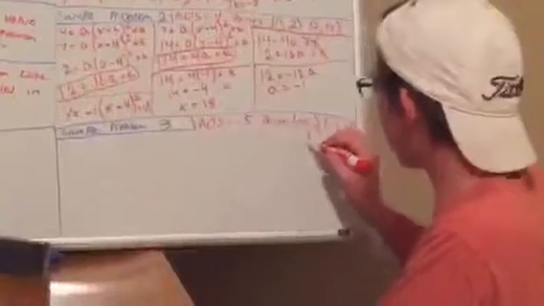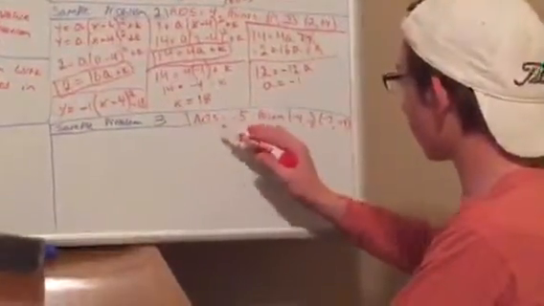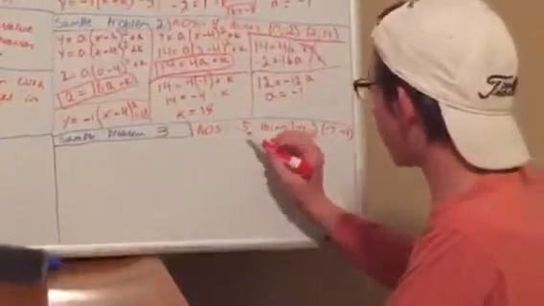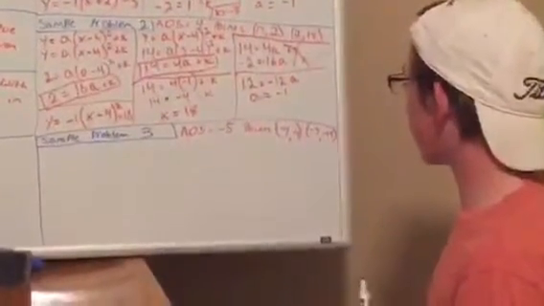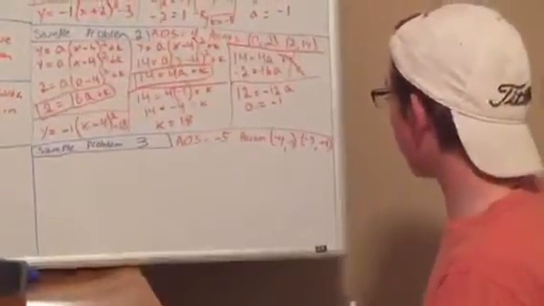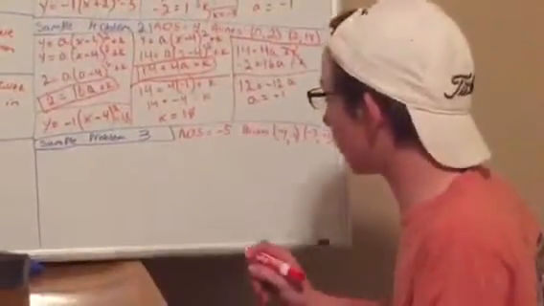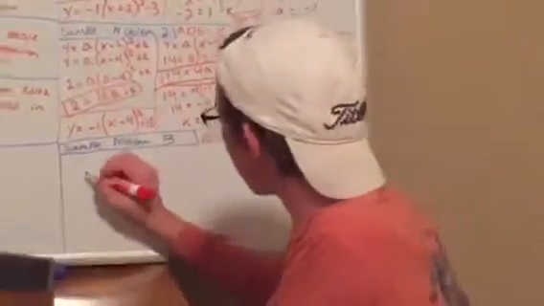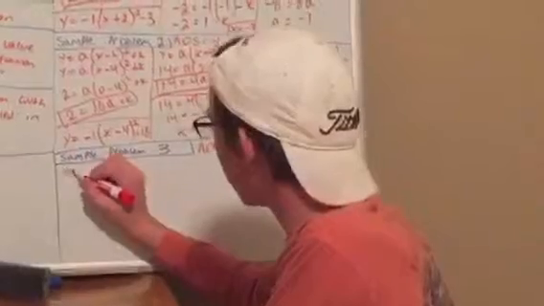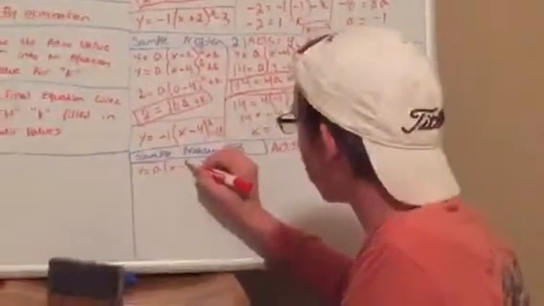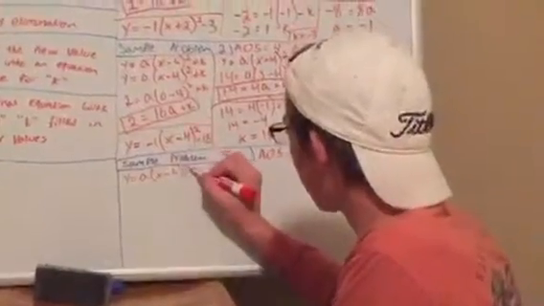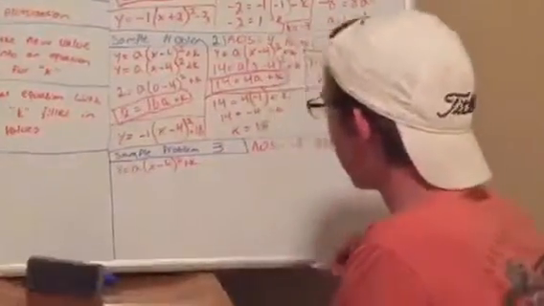So you start off looking at what you got. You got axis of symmetry, which is equal to negative 5. Points are negative 4 and negative 3 and negative 19. So you have to look at your original equation: y is equal to a, open parentheses, x minus h, square that, plus k.